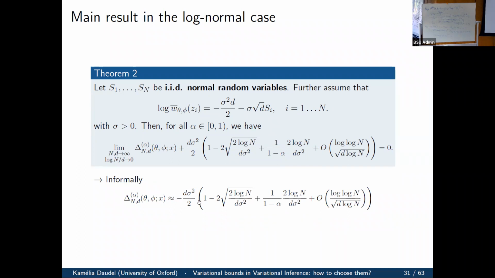So, Kamélia, one question. The weights you choose: why is it reasonable to assume that they're log normal? That's an assumption that we're making, and I'm going to give you an example where it's true. And does it empirically usually hold?